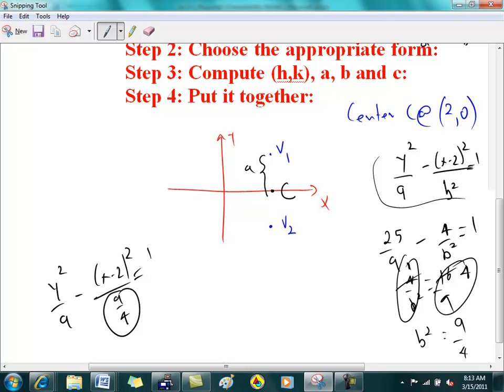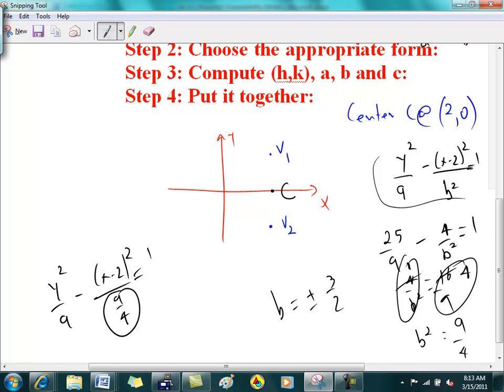Let's talk about how I draw this graph nicely. Can someone tell me what b is equal to? Plus or minus 3 over 2. So this is how you do your hyperbola nicely.